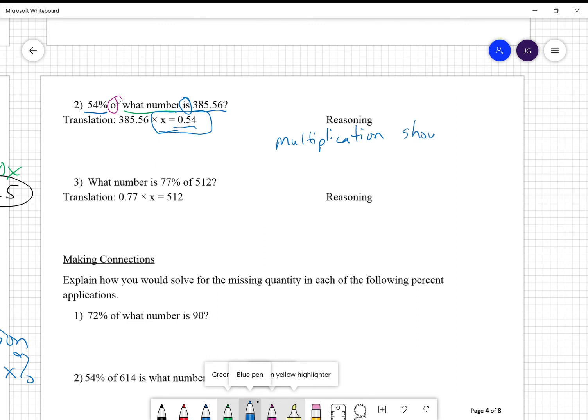Multiplication should be with X times 0.54, not 385.56 times X.